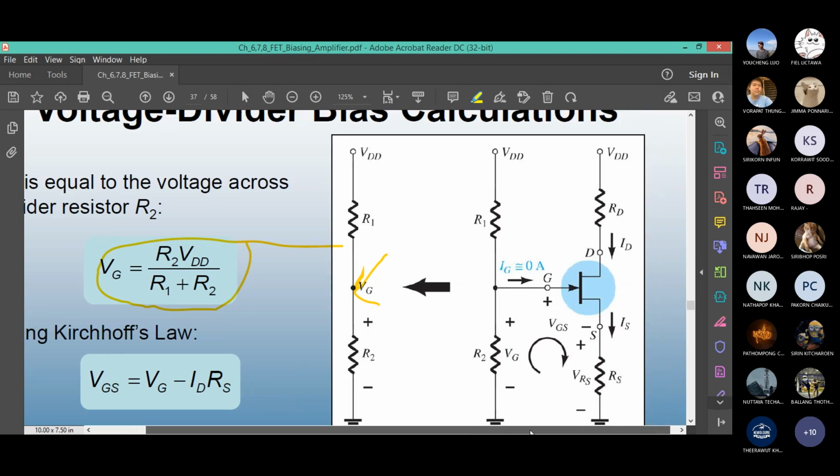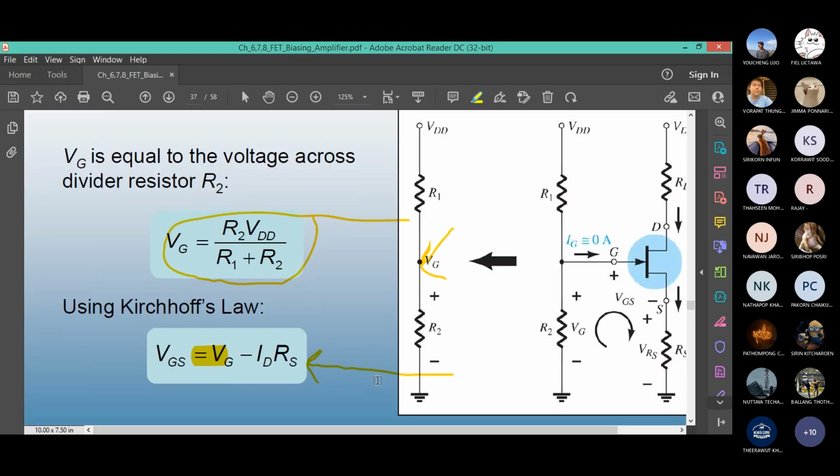And the Kirchhoff voltage law is this: VG minus VGS minus IDRS equals 0. Therefore, what is VGS? It is this. If you have a positive voltage VDD and you have R1 and R2, the value of VG is something that is fixed. You have to find it first.